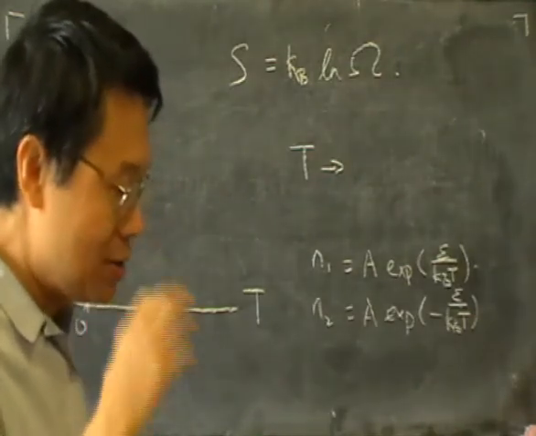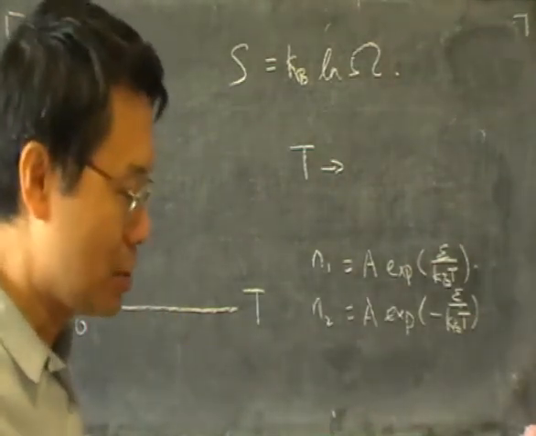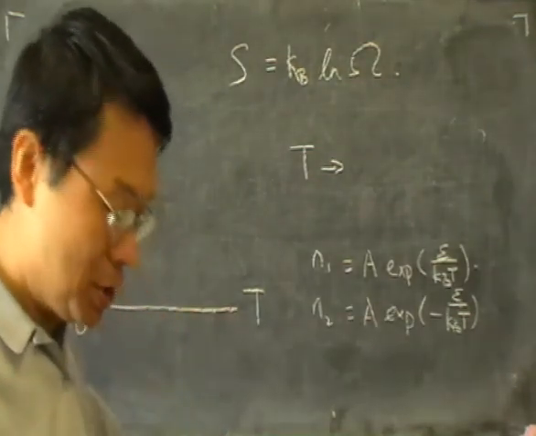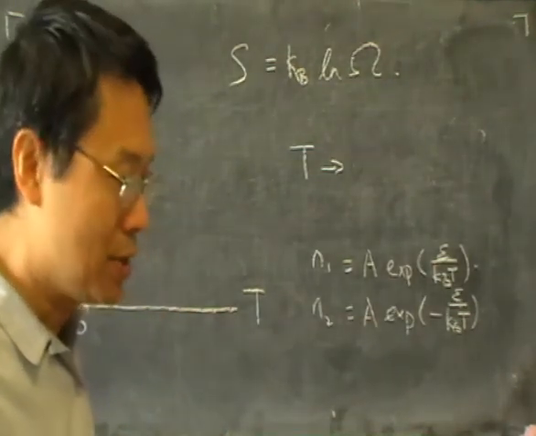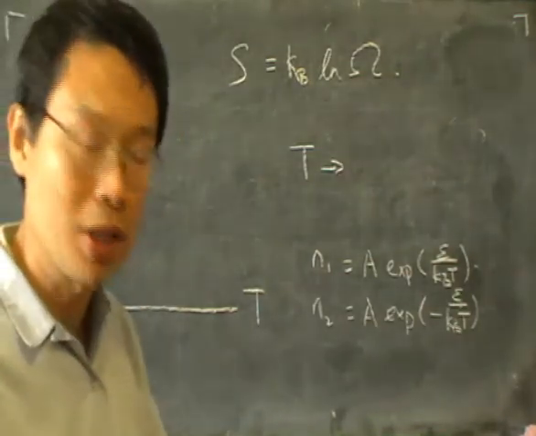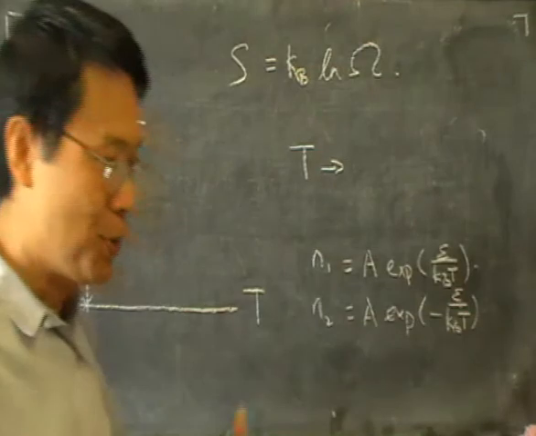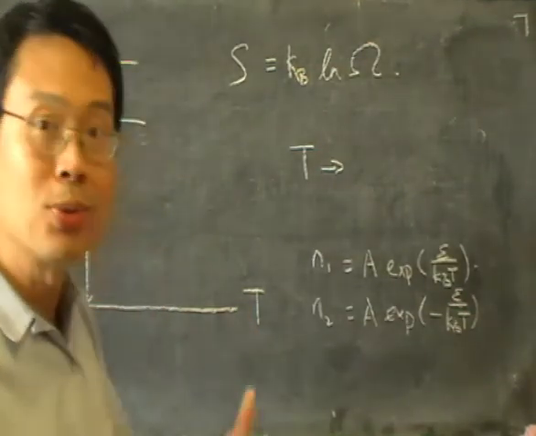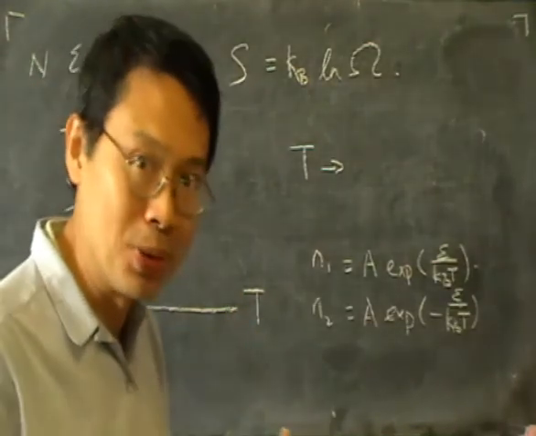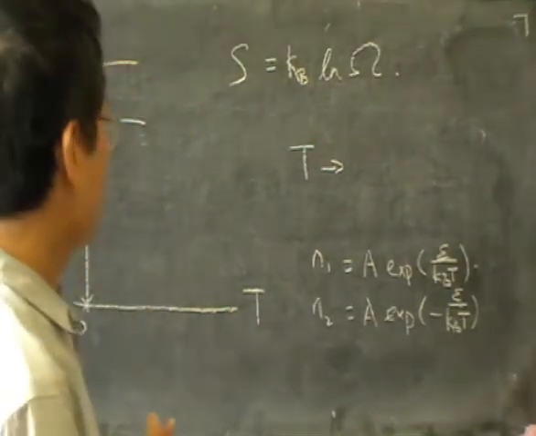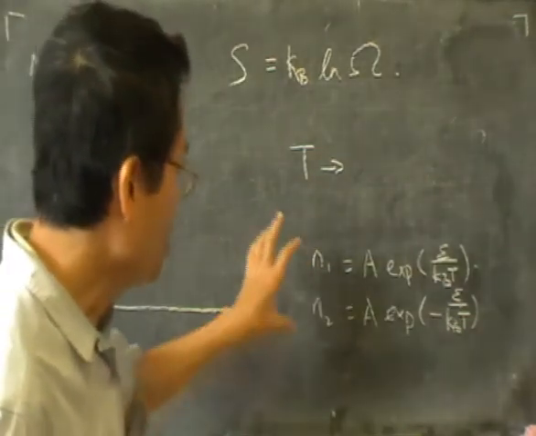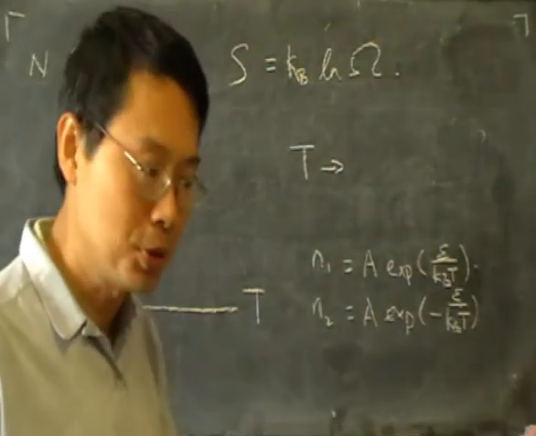Now it is tempting to think that because when t becomes very small, all the particles go to the lowest level, therefore the opposite happens when t becomes very large. So all the particles should go to the higher level. Now that is wrong, because it doesn't agree with the Boltzmann distribution.